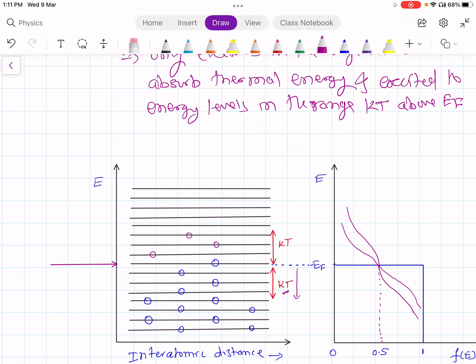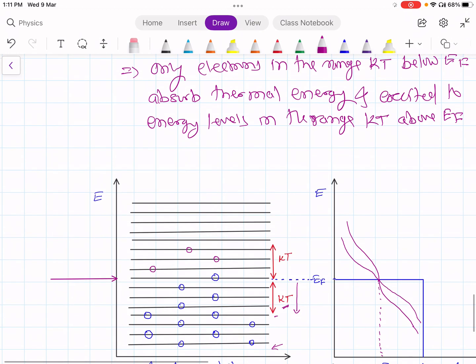Suppose this is the range kT. Only those electrons which are below EF in the range kT will absorb this thermal energy. Electrons at this level will not absorb the thermal energy. They are excited into higher energy levels above EF, again in the range kT.